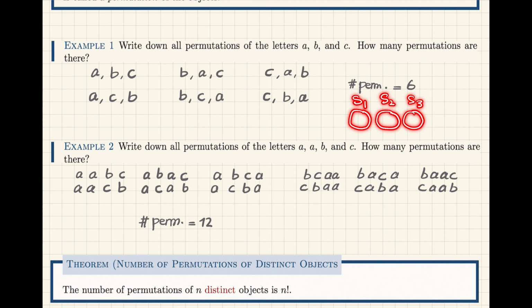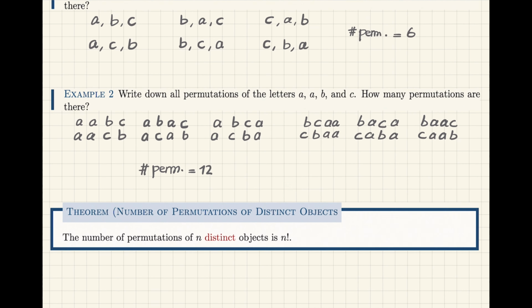I can choose whatever I like among A, B, and C. I use one of them in stage 1, then I will have two left. Independent of my choice in the first stage, I have two options available, and for the third one, I have only one option available. So in total, I have 3 times 2 times 1 possibilities, which is 3 factorial, and 3 factorial is actually 6, and that is the number coming.